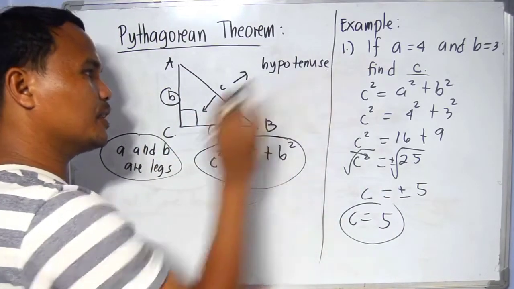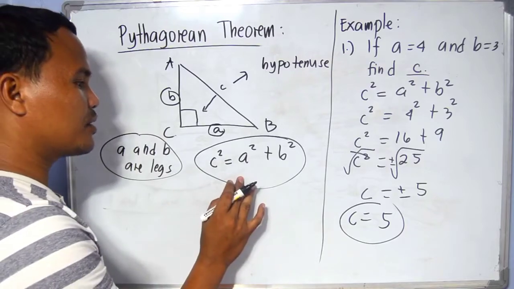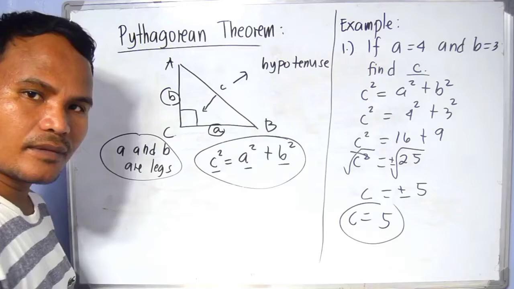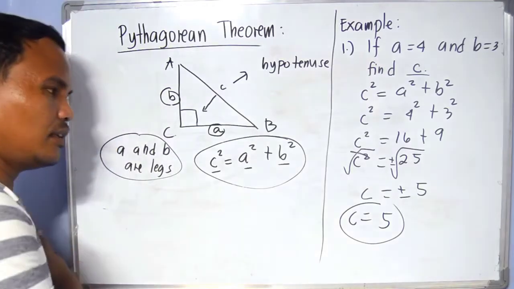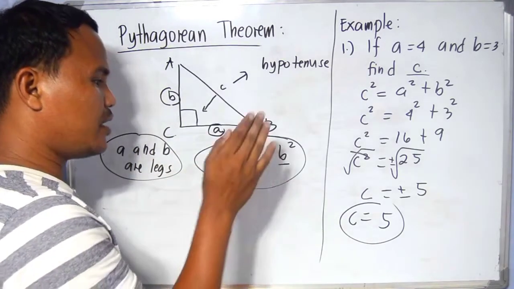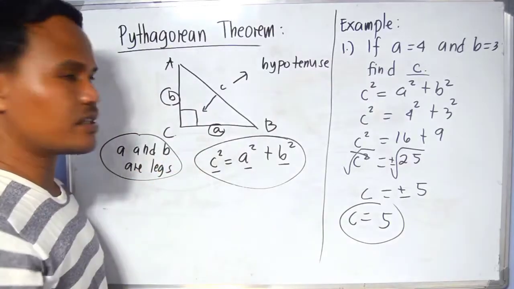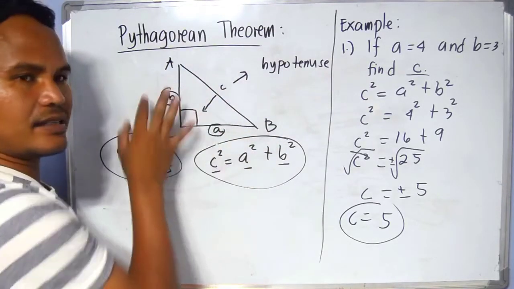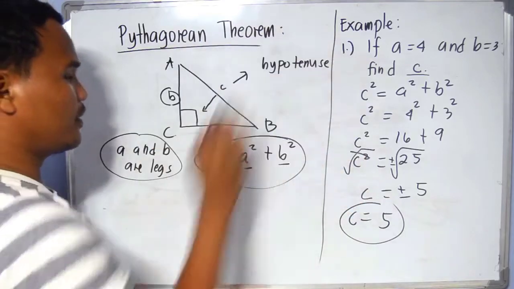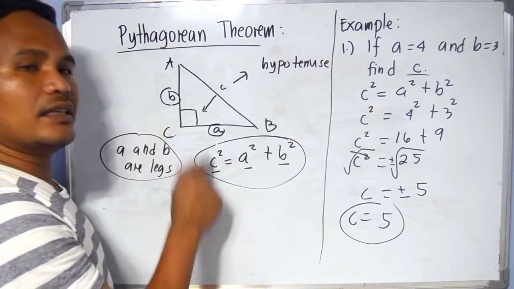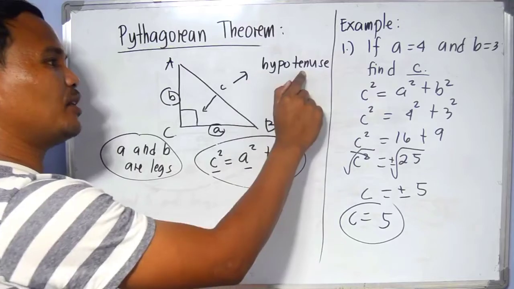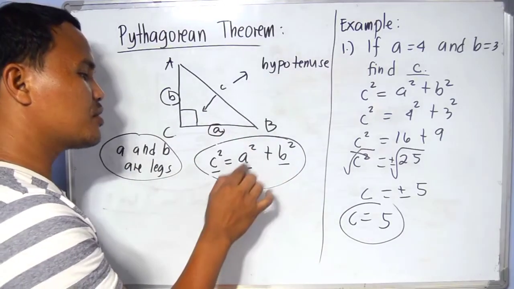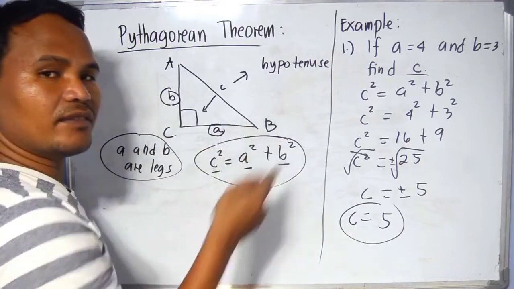The c, a, and b here are only representations of the hypotenuse and the two legs. So do not forget, the Pythagorean Theorem says the square of the hypotenuse is equal to the sum of the squares of the two legs.